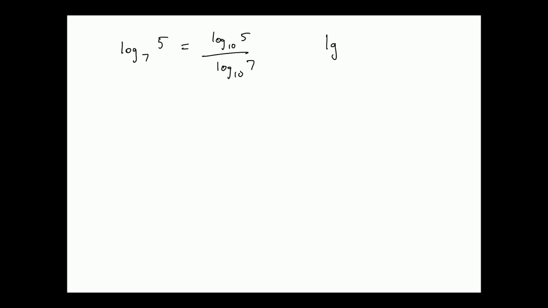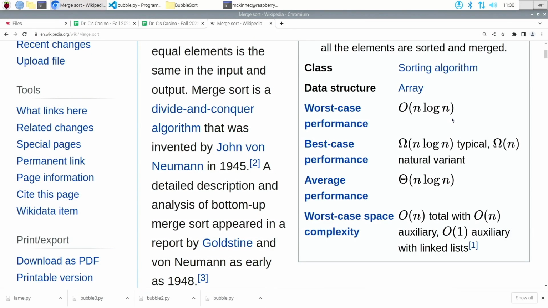Okay, so let's go back to the merge sort algorithm. This one, at worst case, is n log n. Now, what's the relationship between n and log n? Which one's bigger for large values of n?